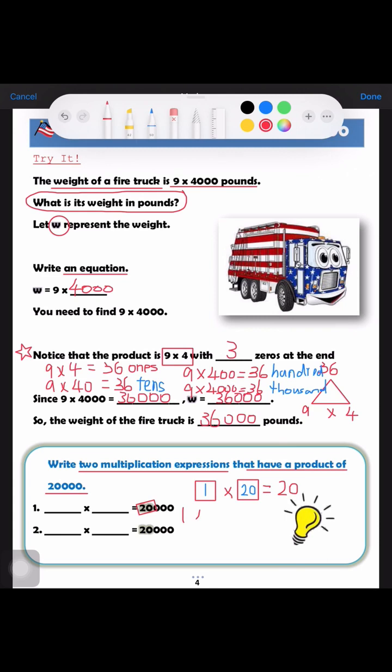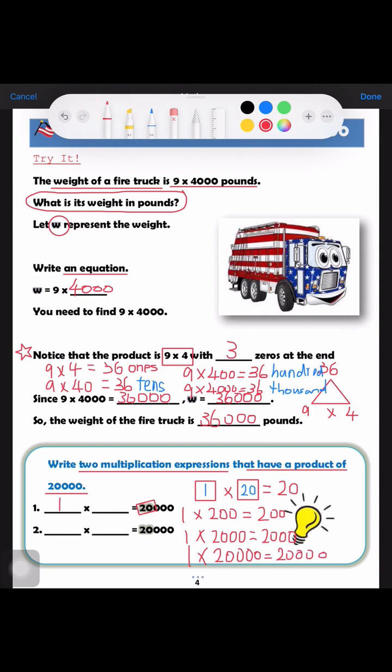If 1 times 20 equals to 20, then 1 times 200 equals to 200. And then 1 times 2,000 equals to 2,000. And then 1 times 20,000 equals to 20,000.